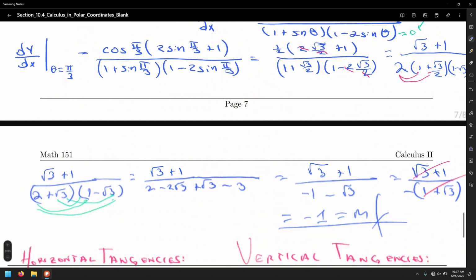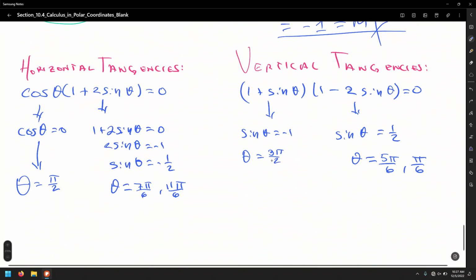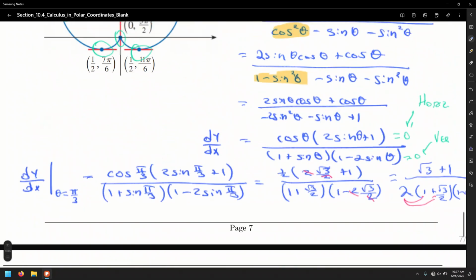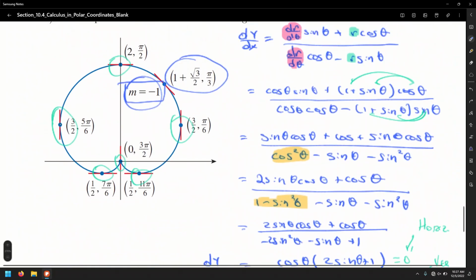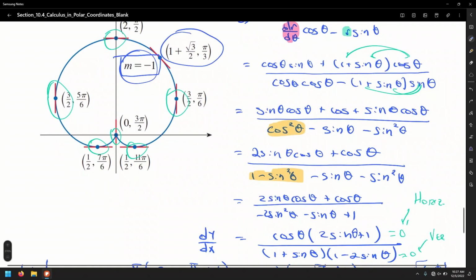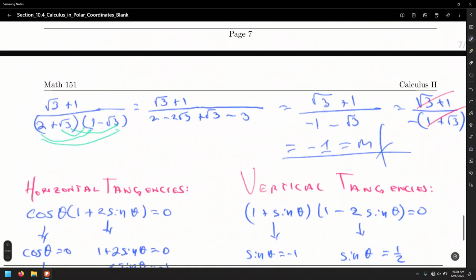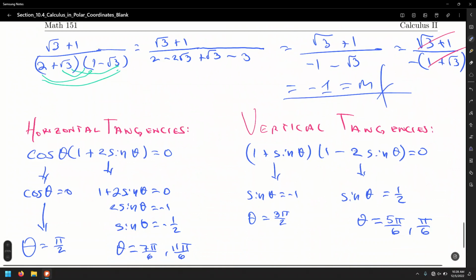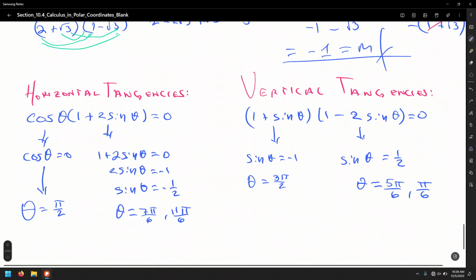And for vertical tangencies, here we can see the 3 pi over 2, 5 pi over 6, and pi over 6. So everything is verified by setting the equations equal to 0, and this pretty much covers finding slopes, and in this case we go a little beyond to find horizontal tangencies and vertical tangencies.